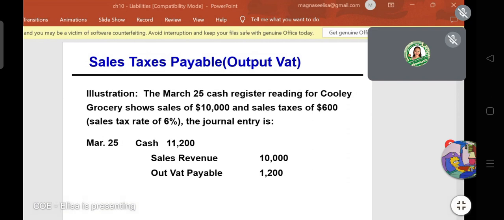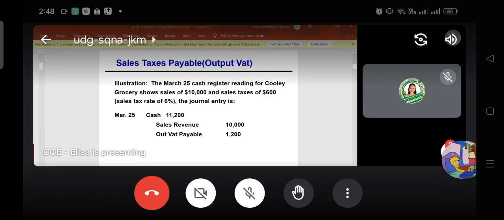Assuming we are buying something for 15,000. Okay, and then all you have to do is divide 15,000 by 1.12. What is the result? 13,392.86.